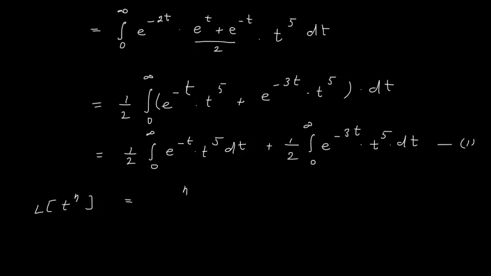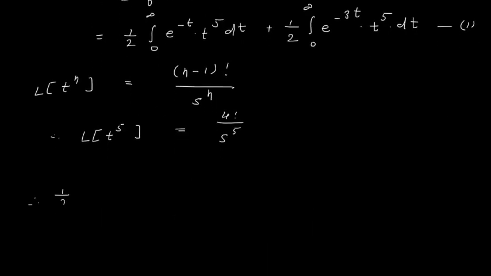Laplace of t power n is n minus 1 factorial divided by s power n, right? N minus 1 factorial. So therefore Laplace of, here we have t power 5. So Laplace of t power 5 will become n minus 1 factorial. So this will become 4 factorial upon s power 5.